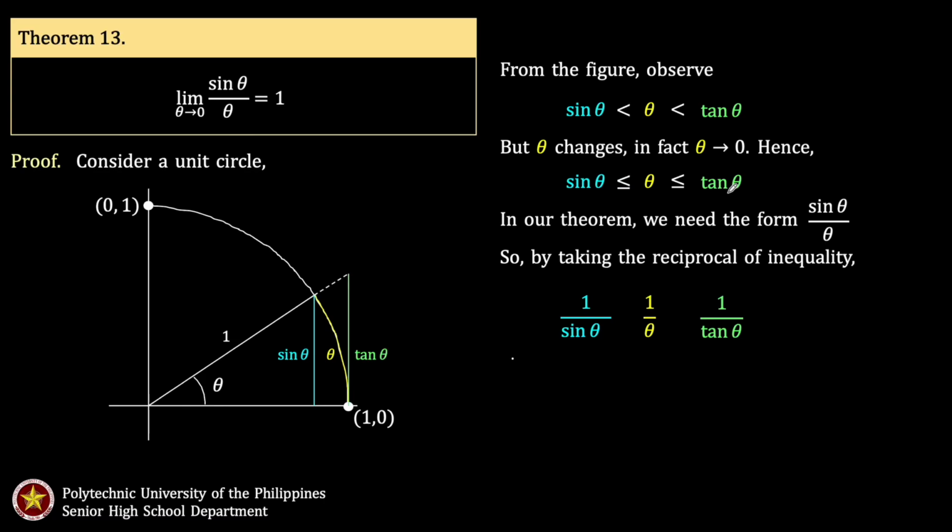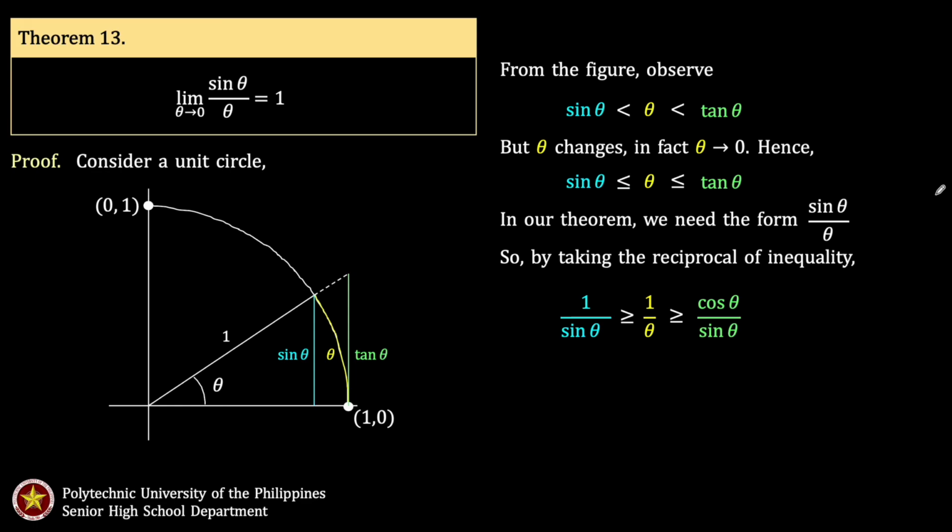Now, once we apply the reciprocal form, the inequality sign will change its direction. So, from less than or equal to, it will turn into greater than or equal to. Now, observe that 1 over tangent theta is equivalent to cotangent theta by its identity. Now, cotangent theta is also equivalent to cosine theta over sine theta.